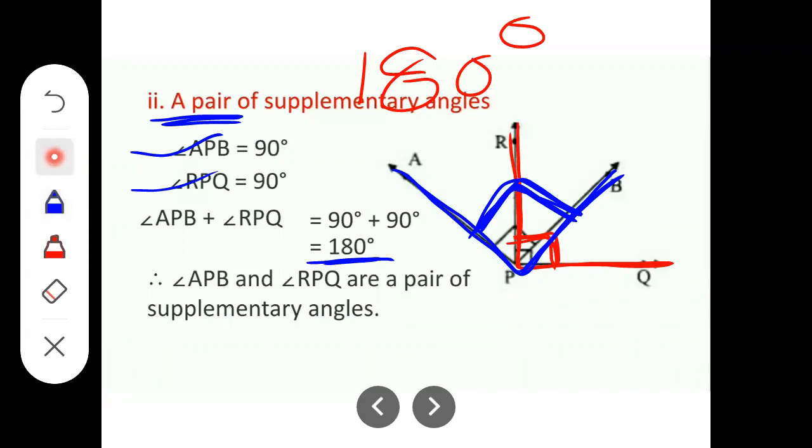So the names of the angles here: angle APB plus angle RPQ. Put up the measurements and do the total. So that is the pair of supplementary angles.